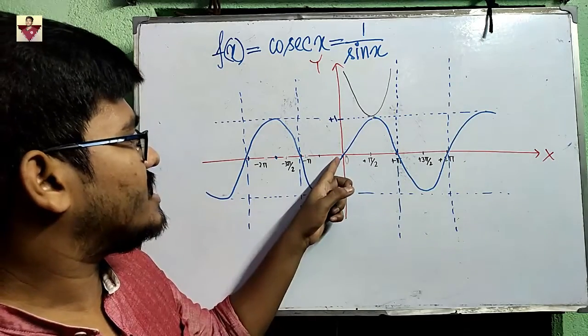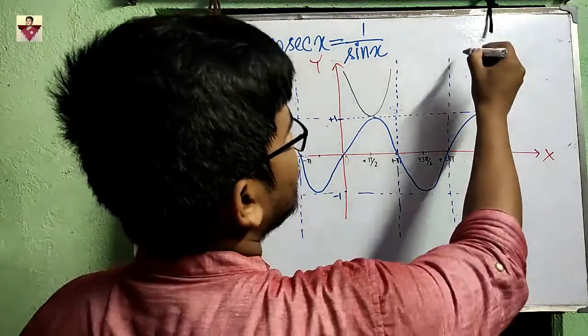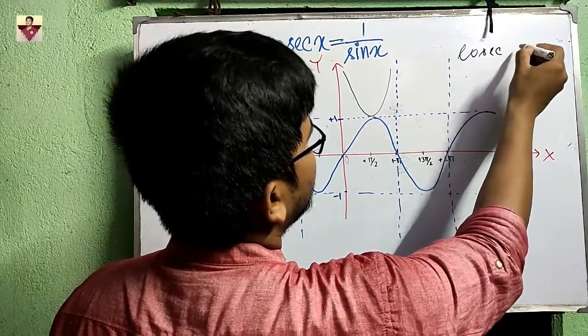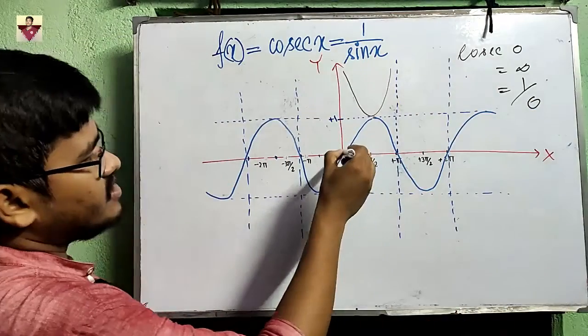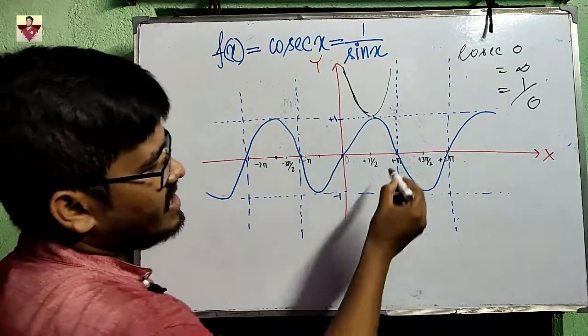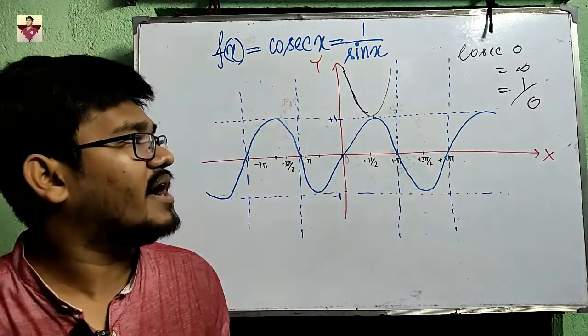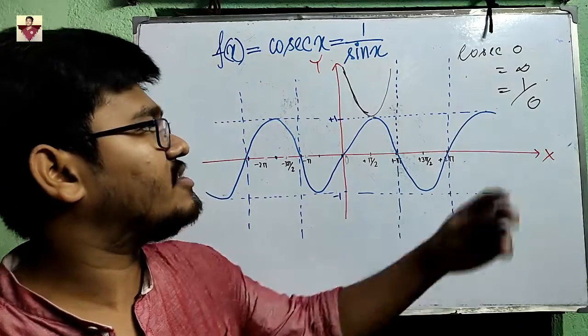Okay, so as you can see, when x equals 0, sin x is 0, then cosec 0 will be infinite because it is 1 by 0. That is why at x equals 0, cosec x is infinite. Similarly, for x equal to plus pi, sin pi is 0, which again satisfies the similar condition, 1 by 0 is infinite.